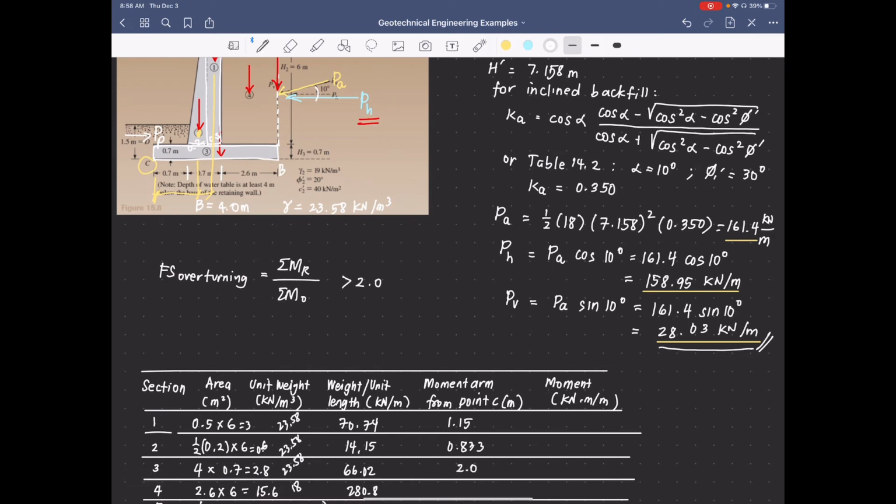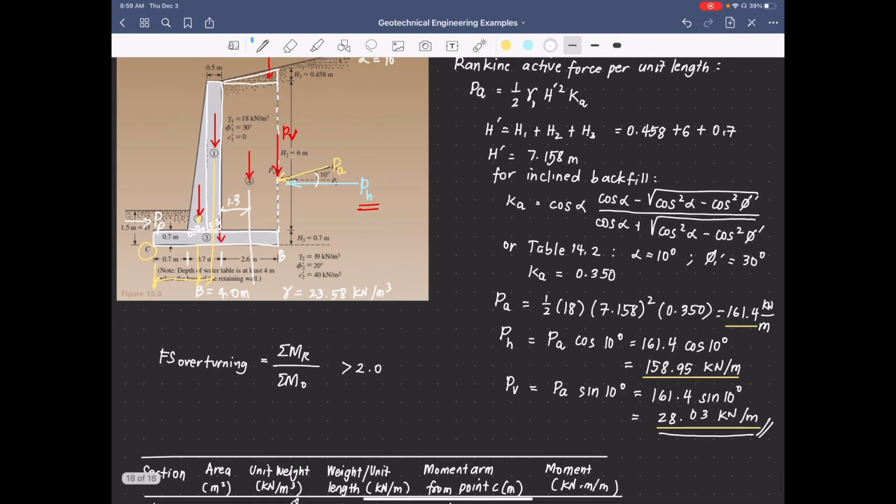And then for section 4, we have here this distance. This is 2.6. The half of 2.6 is 1.3. So the distance would be 1.3 plus 0.7 plus 0.7. So 1.4 plus 1.3 is 2.7.